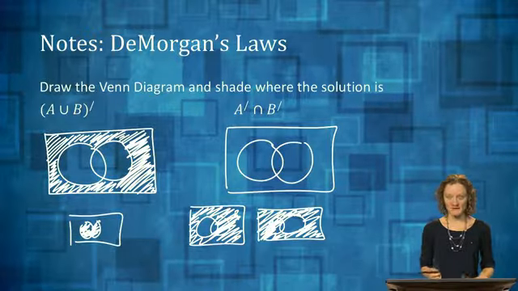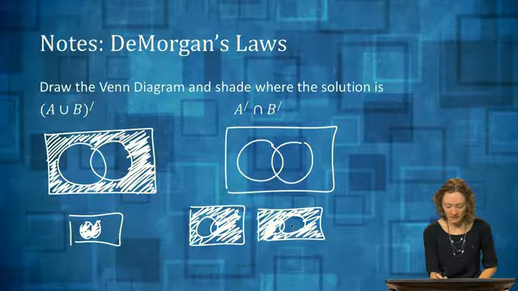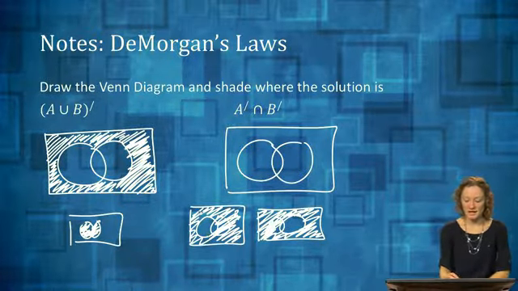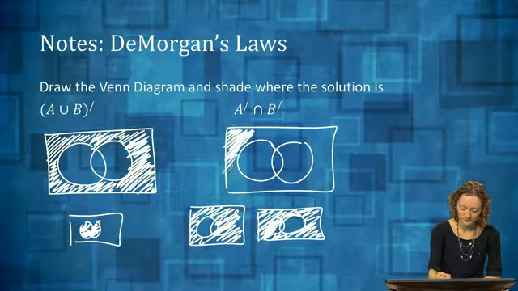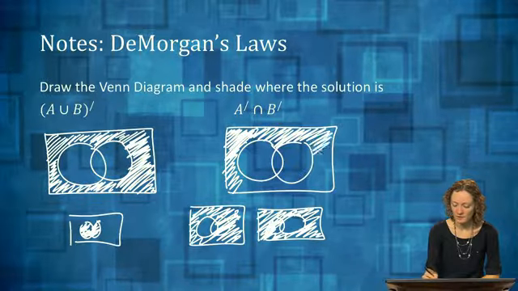Or where do you see shading that the two have in common? They definitely don't have this middle region. The part that's just B is not in both of them. The part that's just A isn't either. It's everything outside of the two circles. So this answer would come from this shaded region.